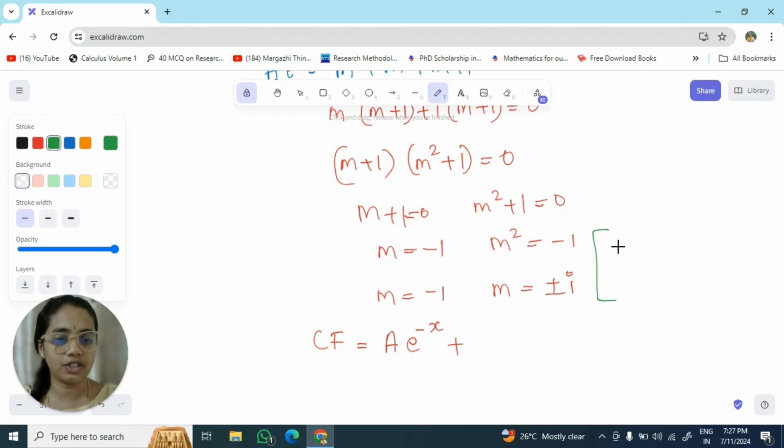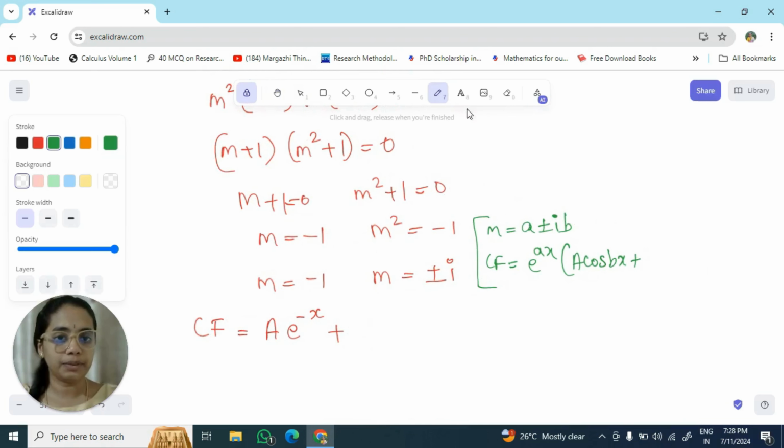In our previous session we just studied, right? So whenever we have the root m in the form of a plus or minus ib, then CF would be e power ax into a cos bx plus b sin bx.